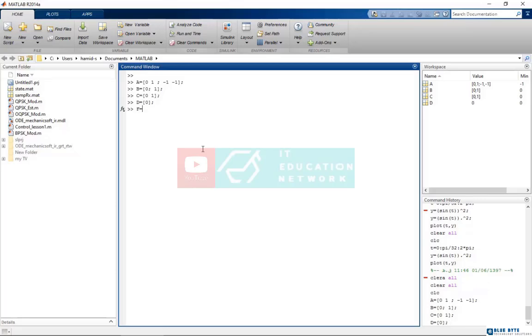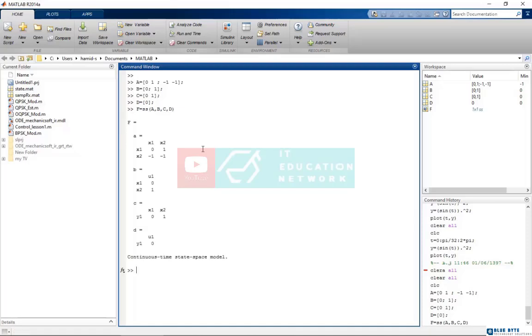After defining them by the SS code, I want to define the system's state space equation in MATLAB. As you can see, MATLAB has defined the state space equation.